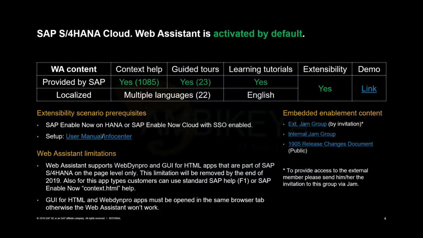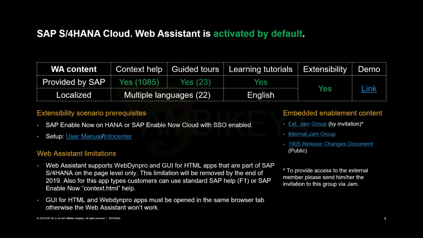The first application where Web Assistant was made available was, of course, S/4HANA. For S/4HANA Cloud, we have the Web Assistant configured by default. There is nothing that the customer or the implementation partner needs to do in order to configure the Web Assistant in S/4HANA Cloud.